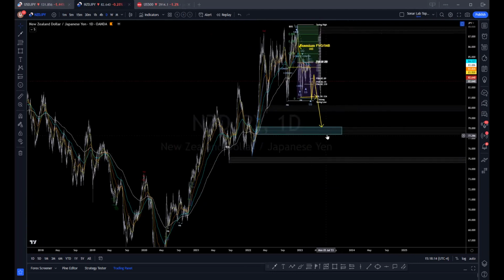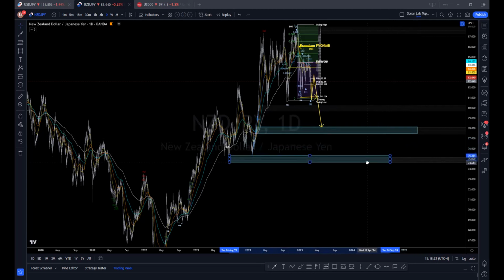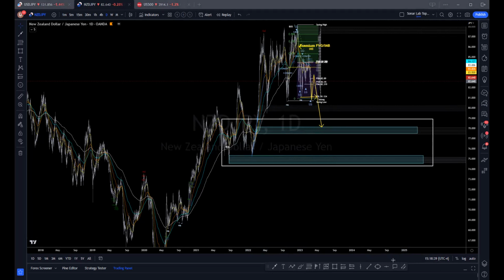We're looking at that as a target, as well as the order block way down here, which is probably the most likely place for yen to come all the way back down to. For New Zealand yen, CAD yen, Swiss francs, AUD yen, all coming down to around this area. So again, this is my area where I would be looking to go bullish.